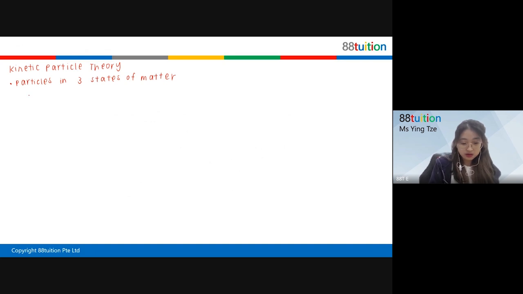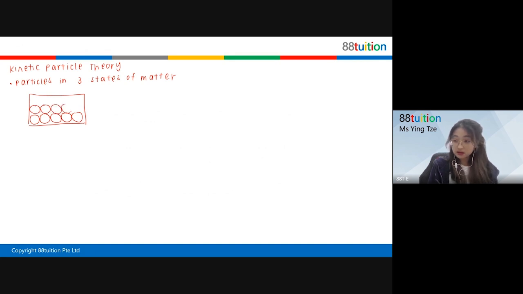Okay, so in solids, the particles look like this. What we can say about these solid particles is that they are in a fixed regular pattern. Okay, so this one is solid. And then we have liquid also.